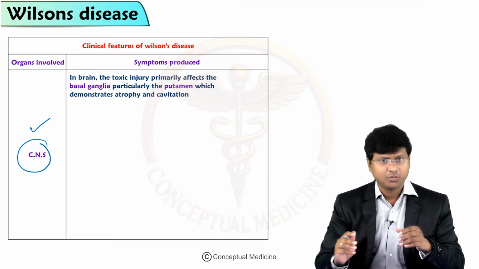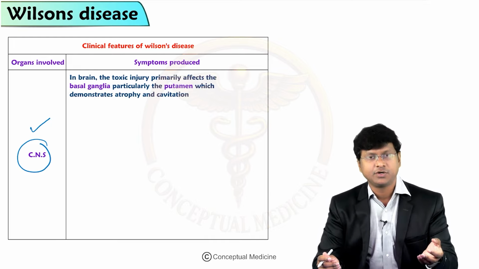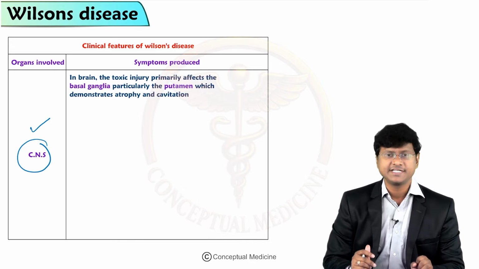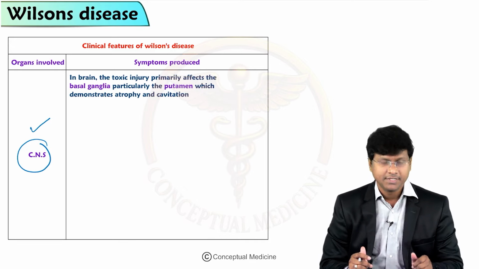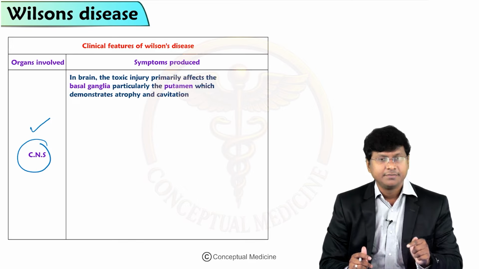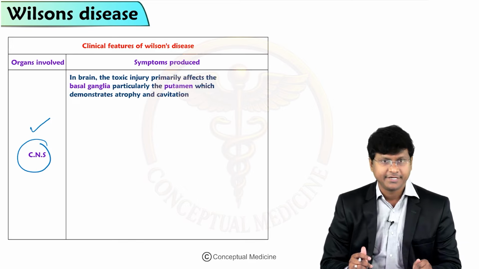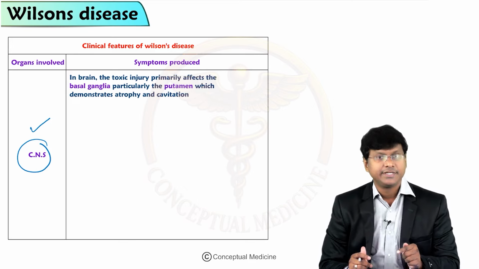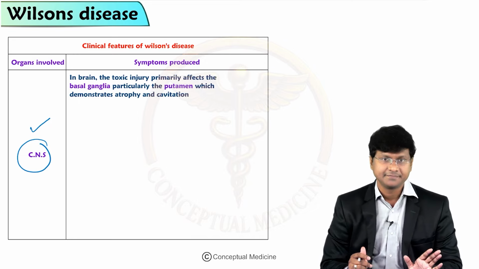In the brain, see, what did I tell you in the pathogenesis? The spilled copper goes and gets deposited in various parts of the body, and this copper is transported even to the brain. So in the brain, the toxic injury primarily affects the basal ganglia, right?